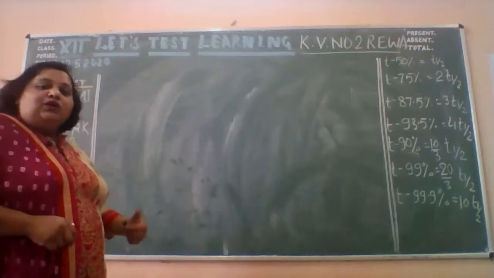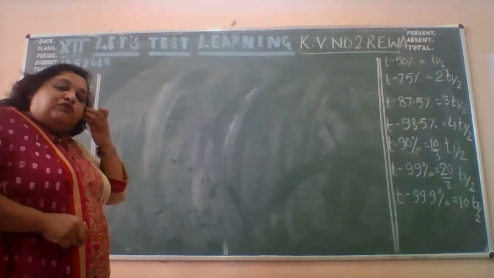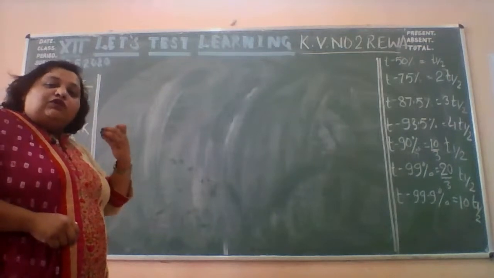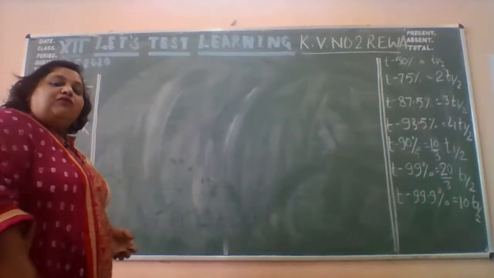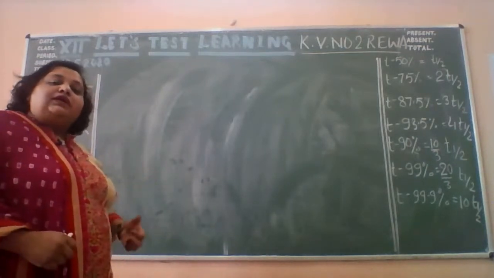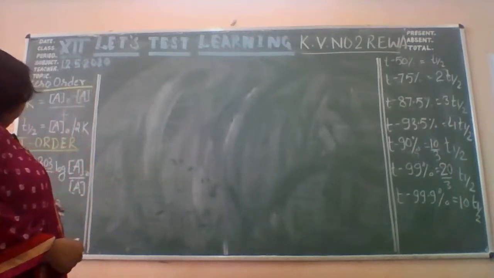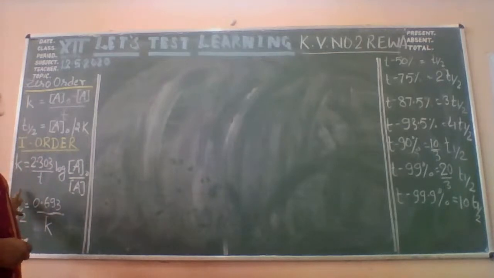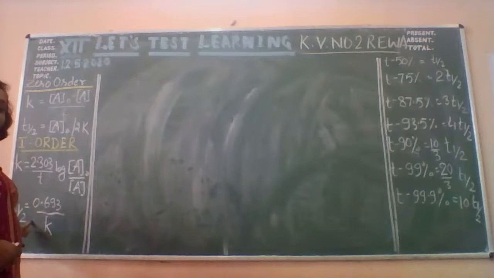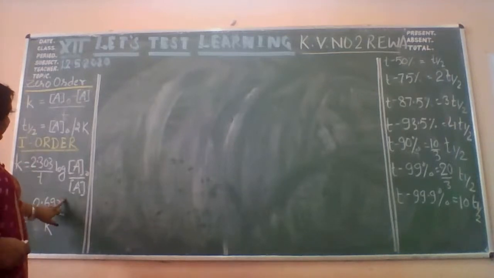And I showed you that for the first order reaction, the half-life does not depend upon the initial concentration. Whatever concentration you take, there is no term for the initial concentration, so it is independent.